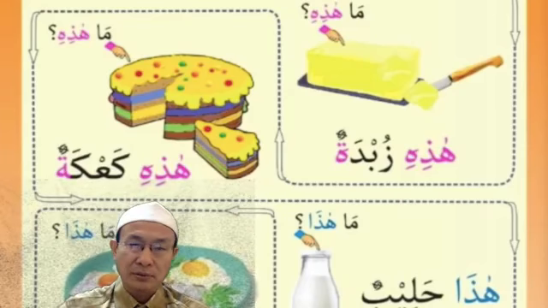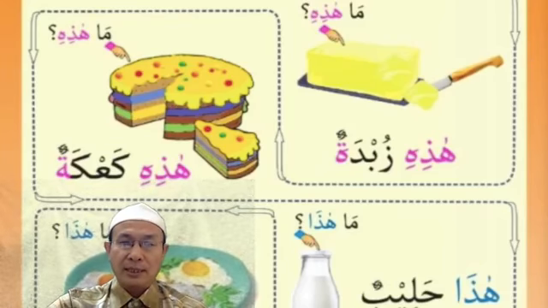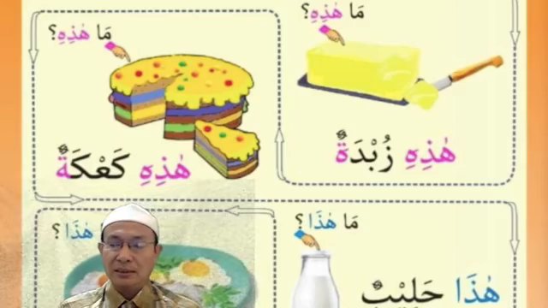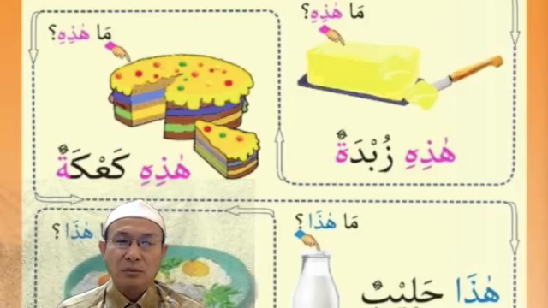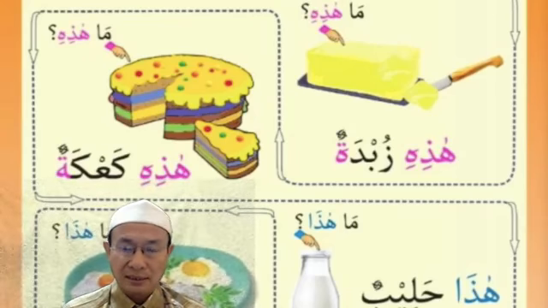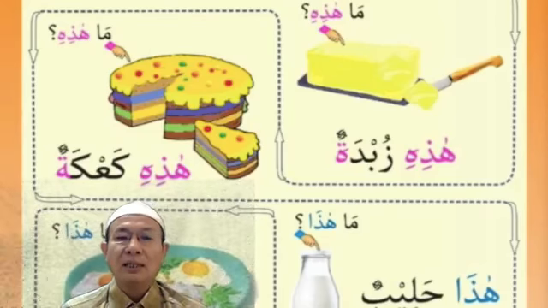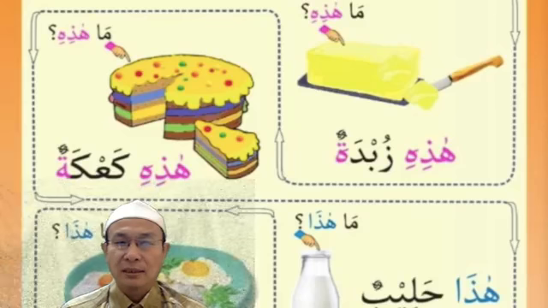So you must use hadihi, right? So you say ma hadihi. Ma, what is; hadihi, this. What is this? Ma hadihi, what is this? هذه زبدة.